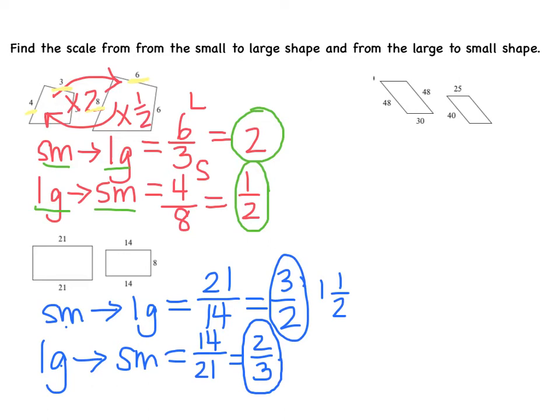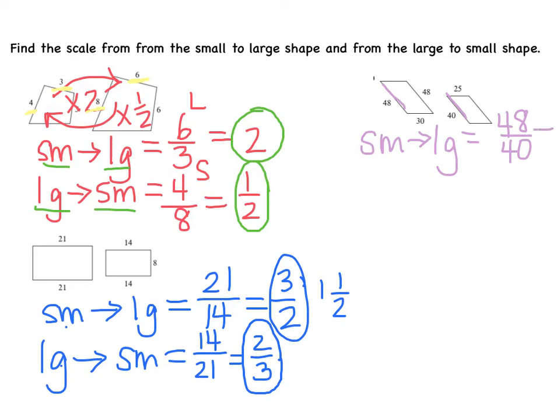All right, let's look at the last one. Let's talk about small to large. So do we want our scale factor to be larger or smaller than 1? We want it to be larger than 1. We are taking something small and making it larger. So you're going to choose the dimension of your large shape and put it over the dimension of your small shape.